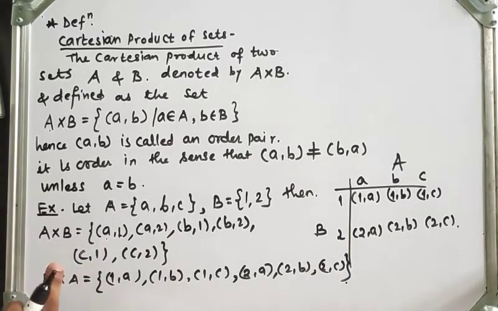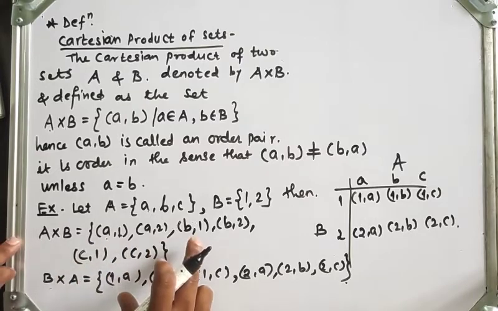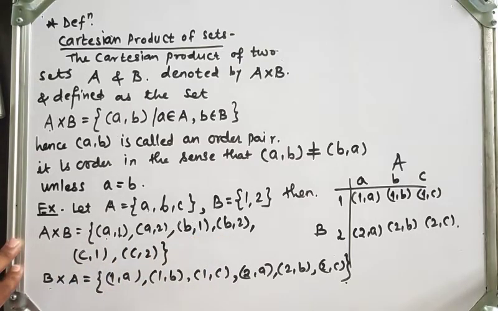So we observe that A cross B is A1, A2, B1, B2, C1, C2, and B cross A is 1A, 1B, 1C, 2A, 2B, 2C.